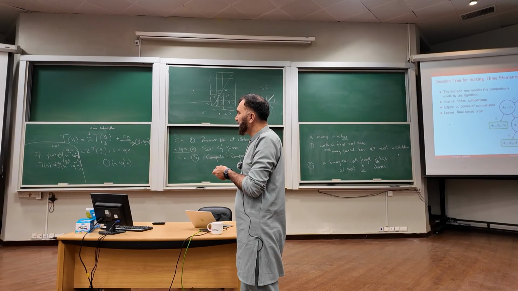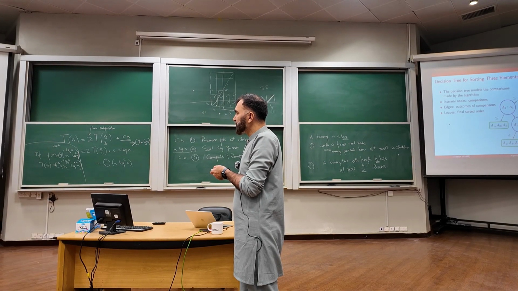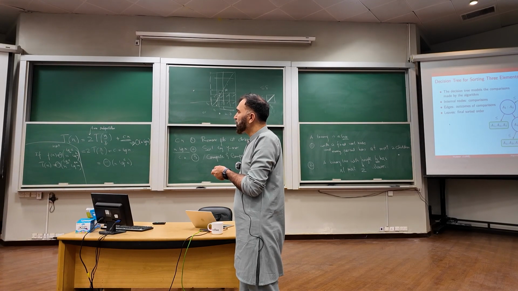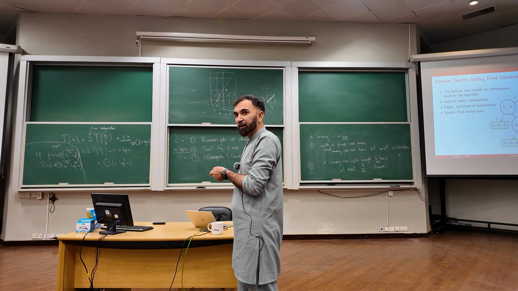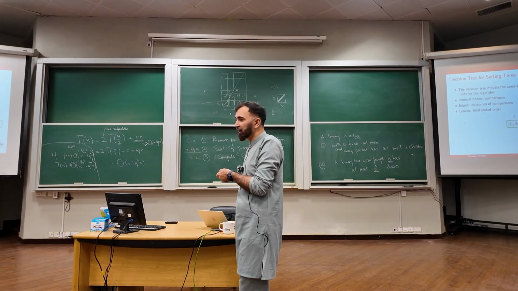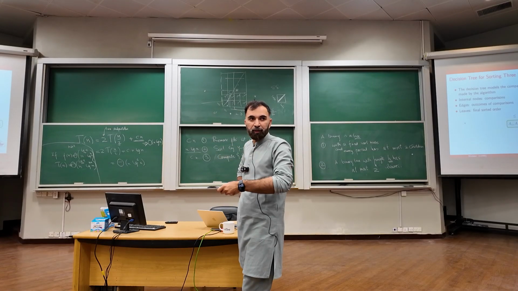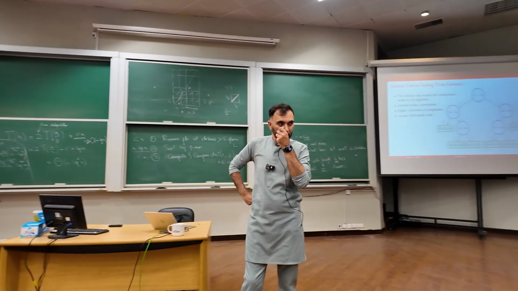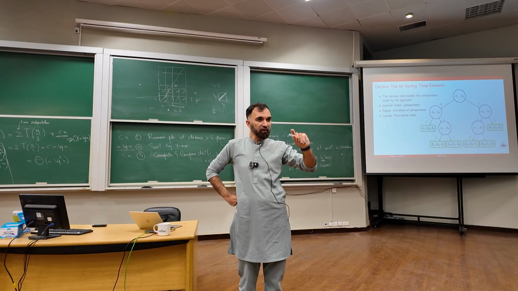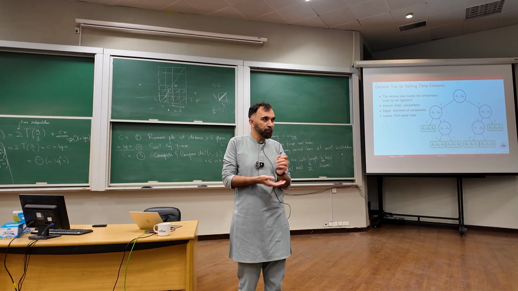At this point, if A2 is less than A3, then I am already done with the sorting. I already know that A1 is less than or equal to A2, which is less than or equal to A3. But if A2 is more than A3, then I have to do more comparisons. So it's not a series, but a tree of comparisons, because based on a comparison result, you do different things.